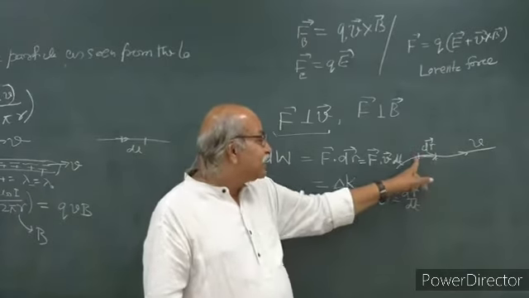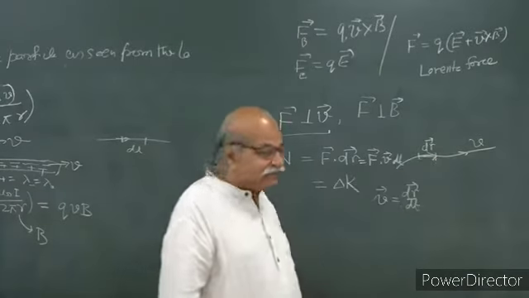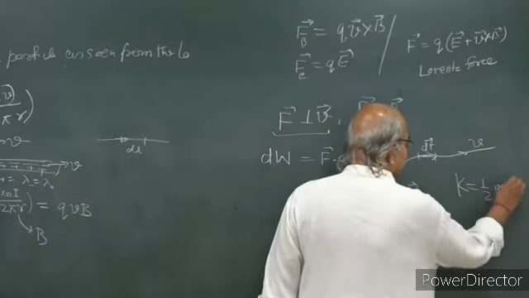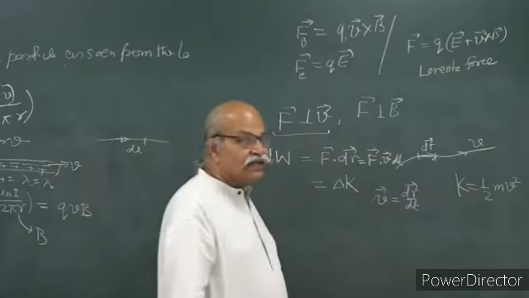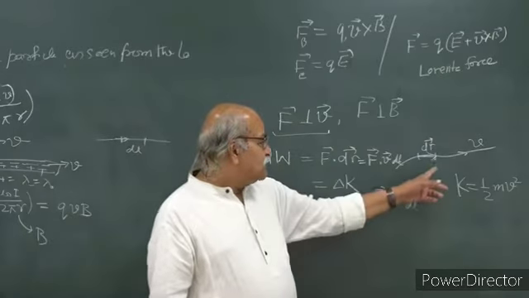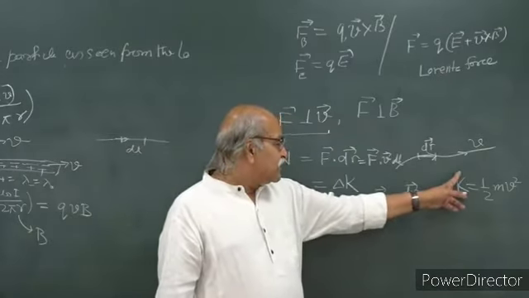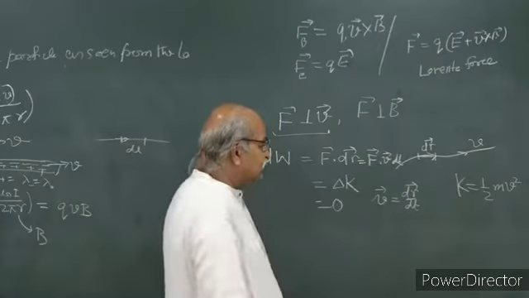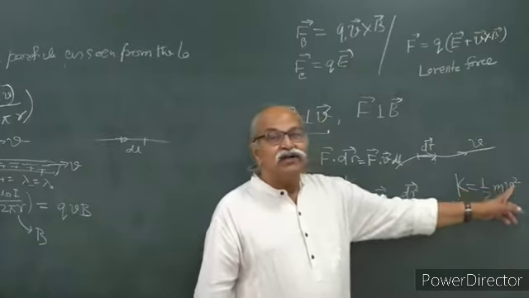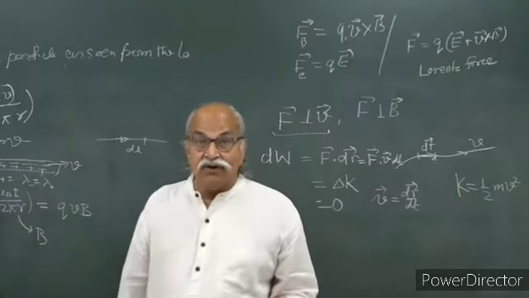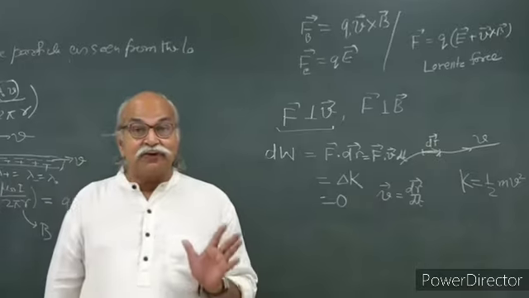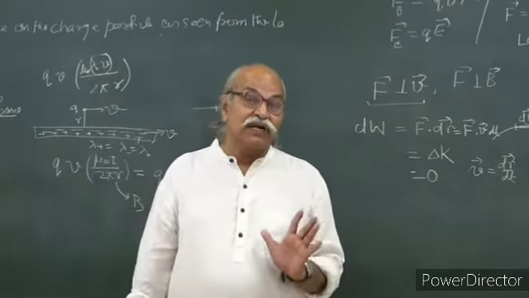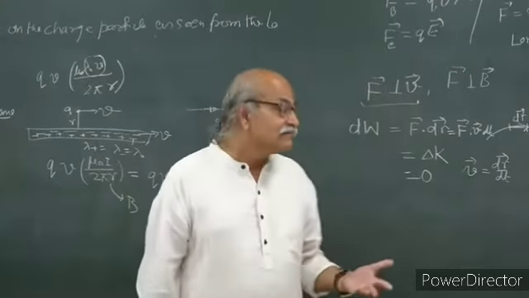So, the speed here and speed here are the same, because your kinetic energy is half m v square, mass times velocity square, and therefore, if kinetic energy is not changing, if delta K is 0, then this speed remains constant. So, the magnetic forces will never change the speed of the particles on which they act, right.